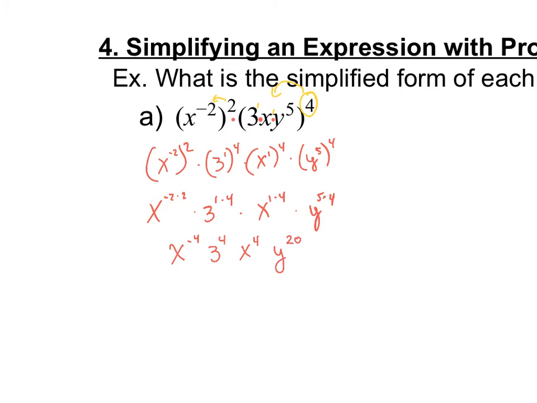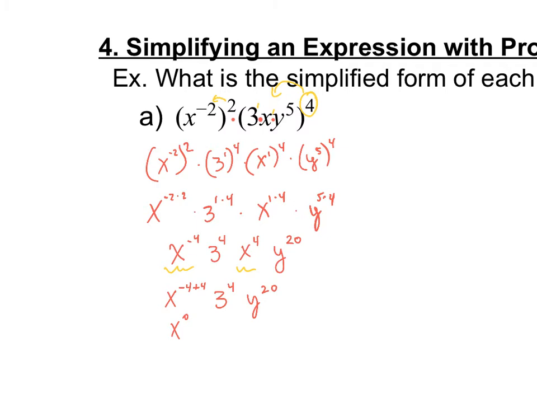And we do have some like terms here. We do have like bases that we can go ahead and work with. So we have x to the -4 plus 4, because we have like bases, we add the exponents. 3 to the 4th, y to the 20th. So this becomes x to the 0, which is also 1.